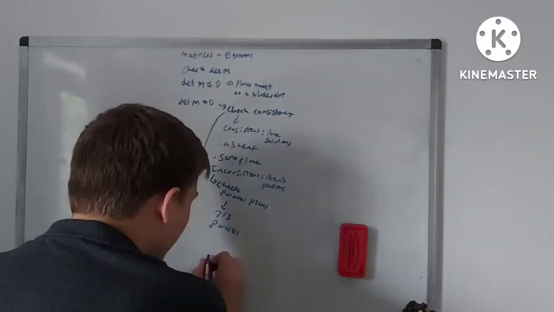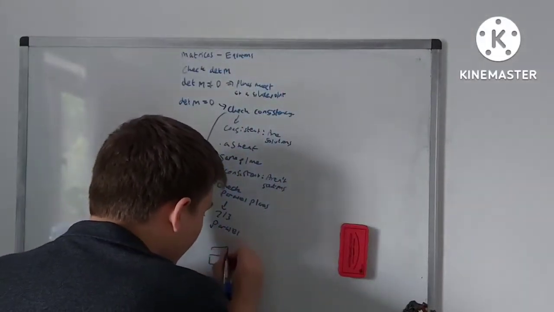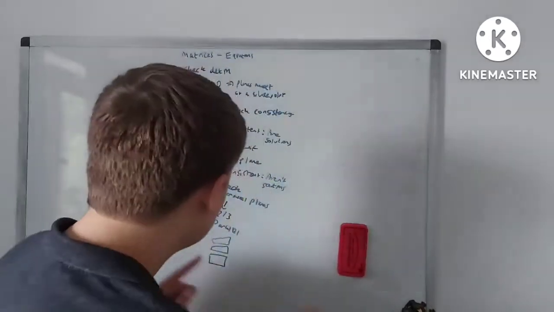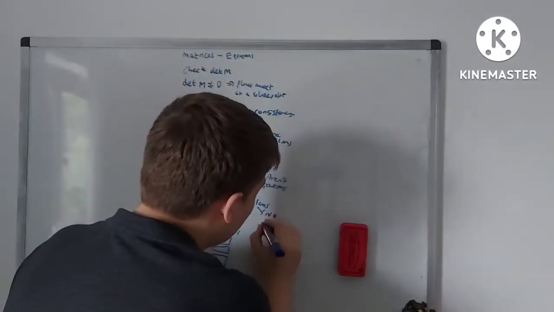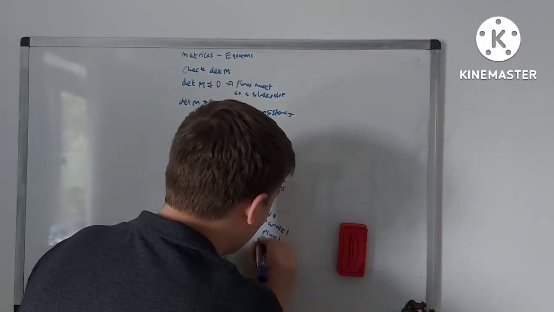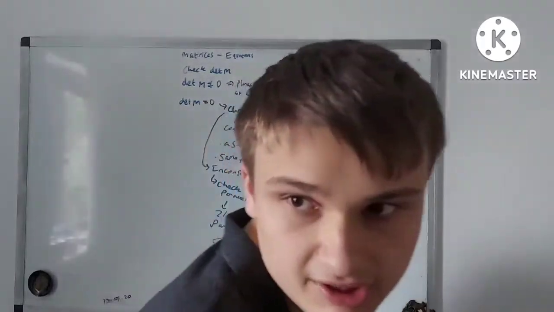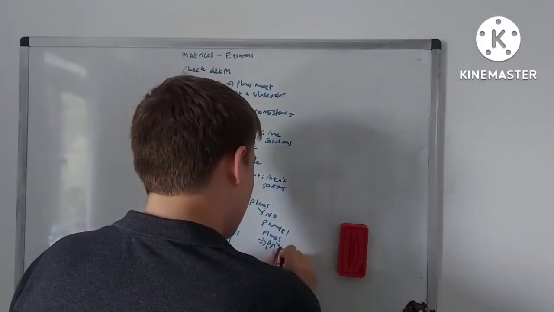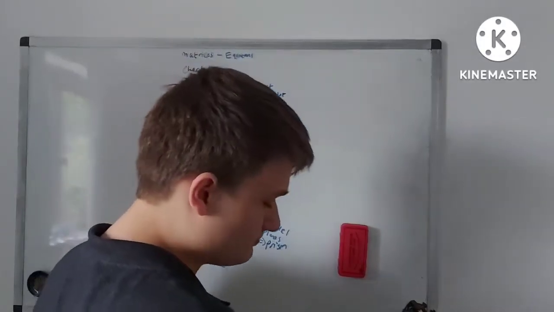I can't really draw that on the board, but it's like that one, and that one, and that one. They're all going in the same direction. Or it could just be there are no parallel planes. And if there are no parallel planes, well, we form a prism. Nice and easy.